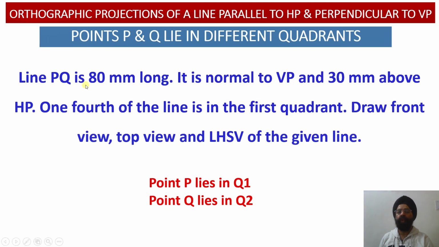That is, out of the 80 millimeter length of the line, 20 millimeter length will lie in quadrant number 1, while the 60 millimeter length is going to lie in quadrant number 2. With this information, we are required to draw the front view projections of the line, top view projections of the line, and the left hand side projections of the line PQ in this particular case.